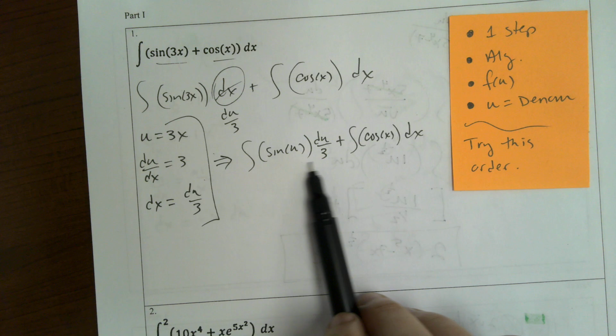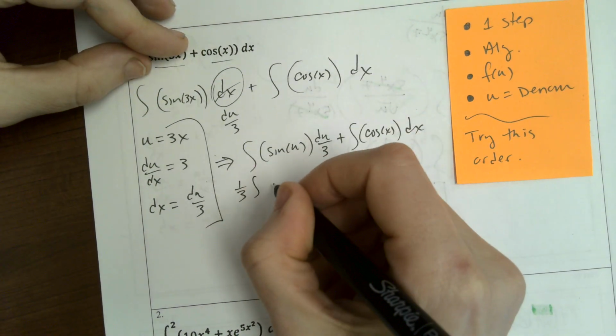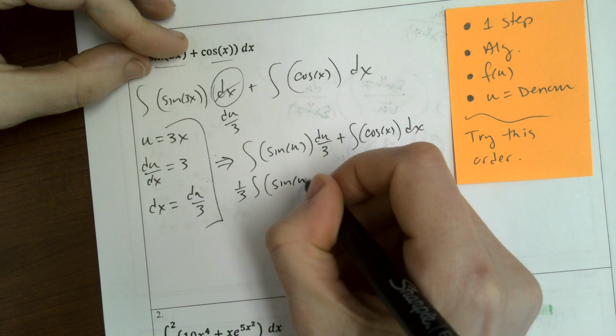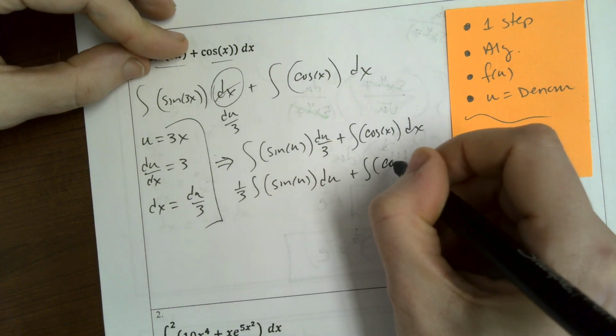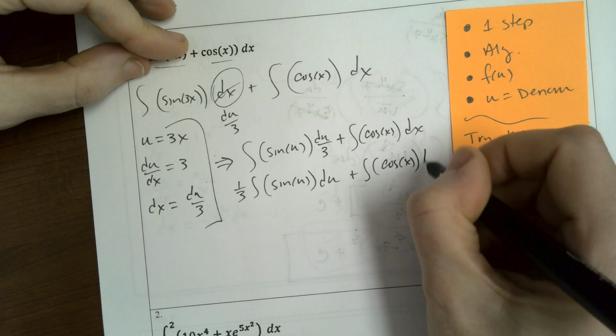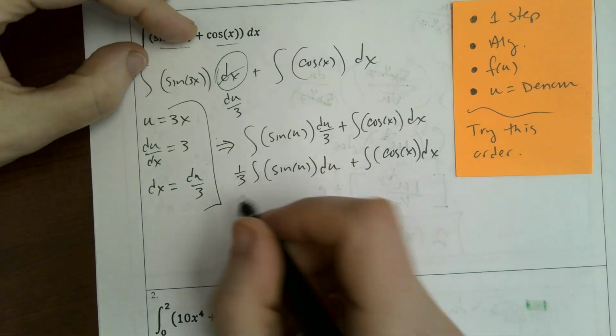Everything is in terms of u. I'll take out a 1/3. Okay, so now I've got these two separate integrals. They have different variables, but they are both one steps, or one move.